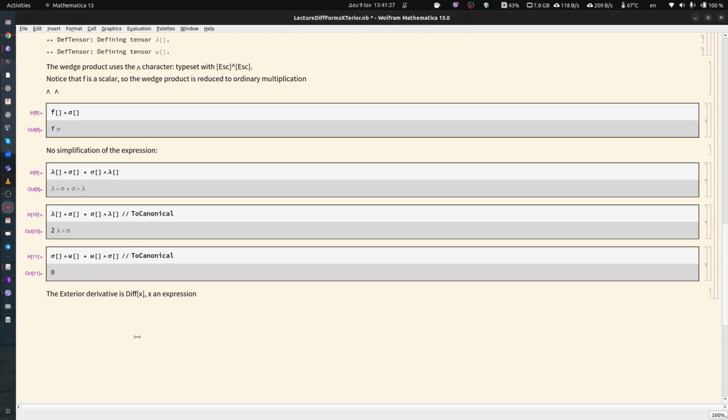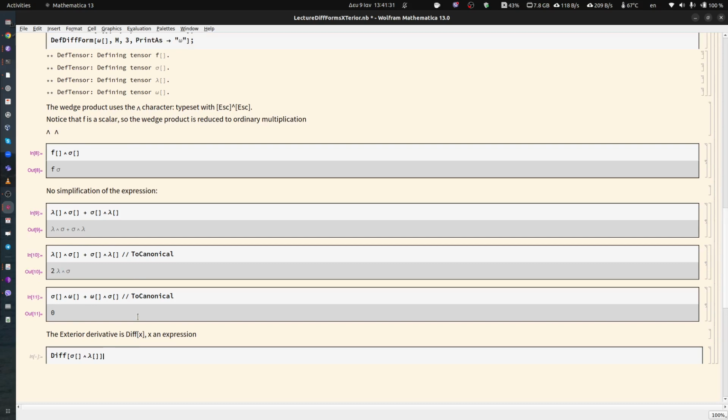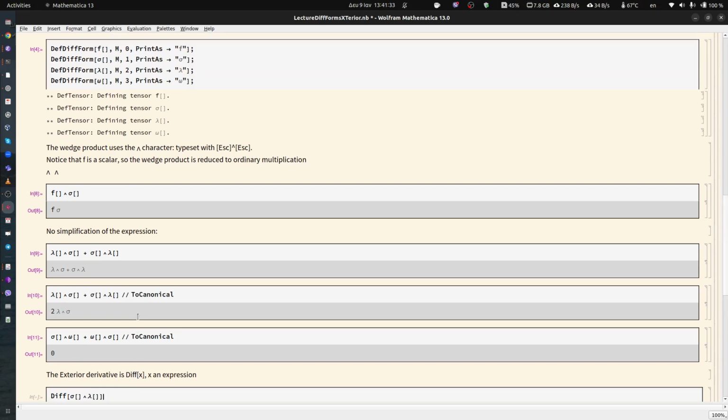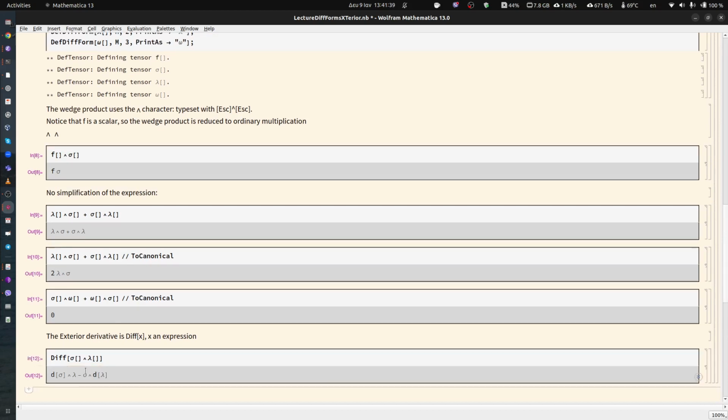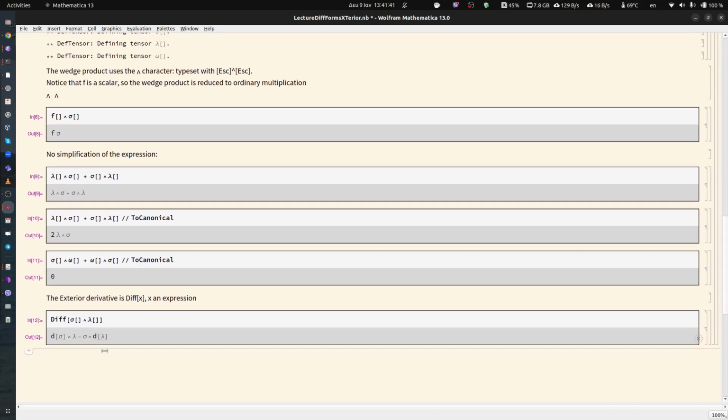Here is a simple example. We have the product, sigma is a 1-form, omega, lambda is a 2-form, and you see the sign is computed correctly, the graded Leibniz rule is applied, and we obtain this result.